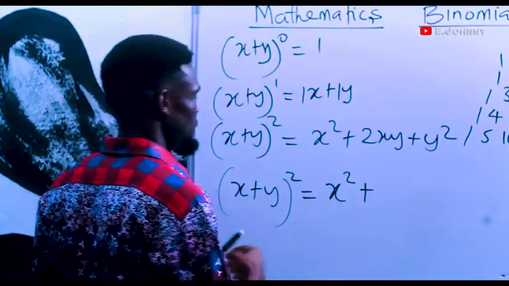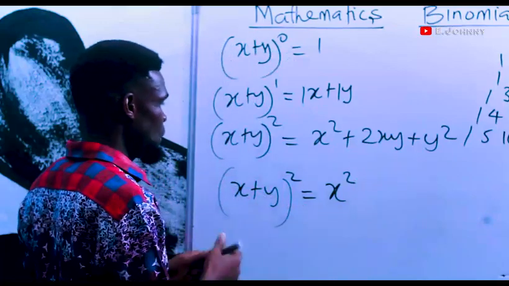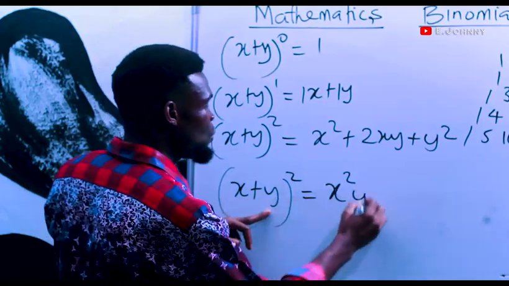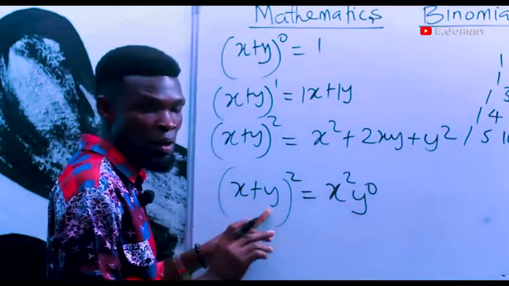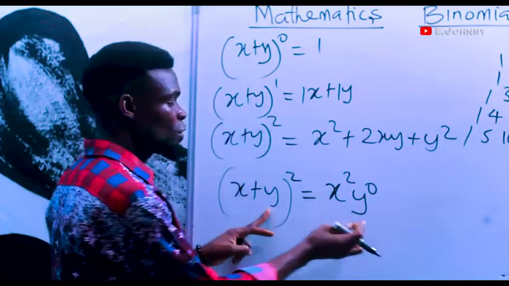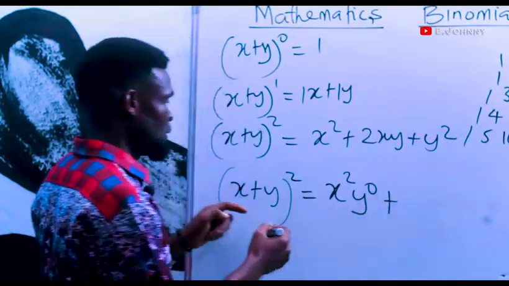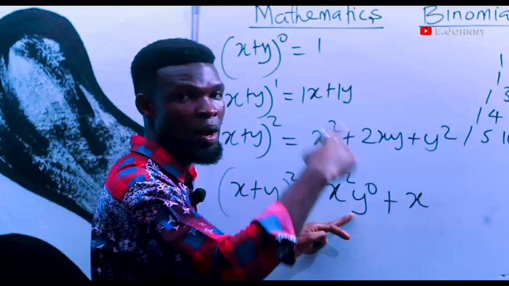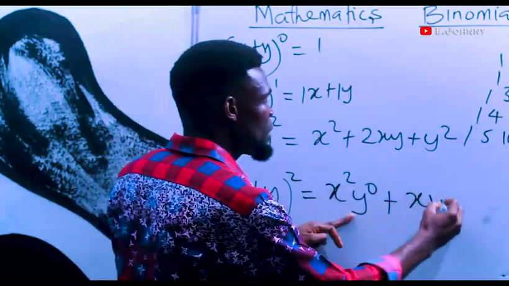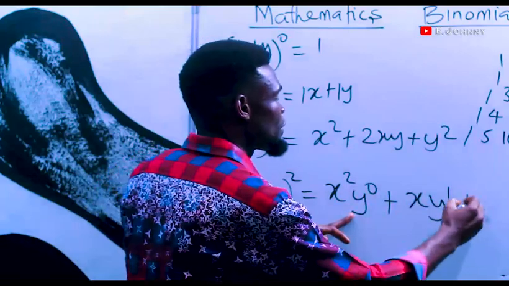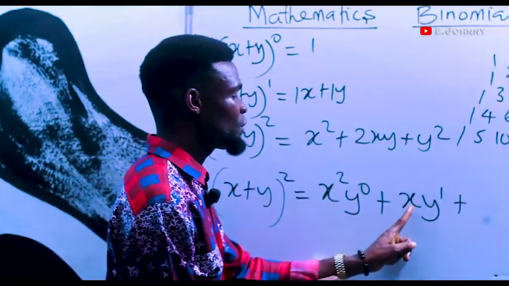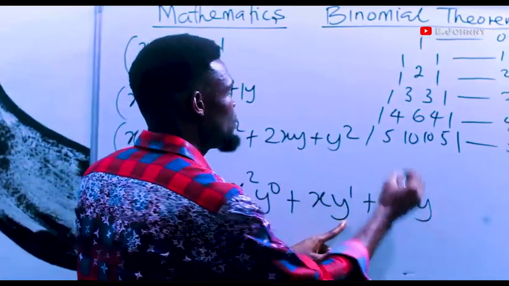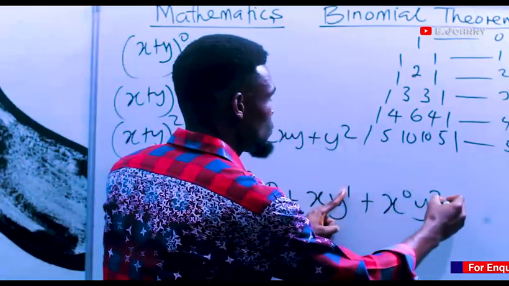So look at it. There are two terms here. The first one is x raised to power 2, meaning that the second one will be y raised to power 0. It's not there because y raised to power 0 is 1, so it doesn't have any effect. Plus, then this x will reduce to power 1 and y will increase to power 1. Next, plus, this time x decreases from 1 to 0, and y increases from 1 to 2.